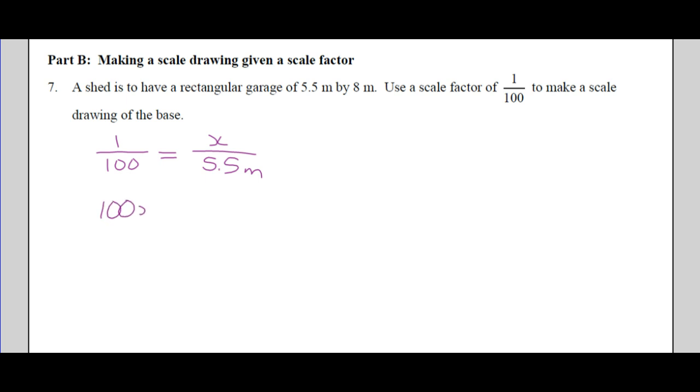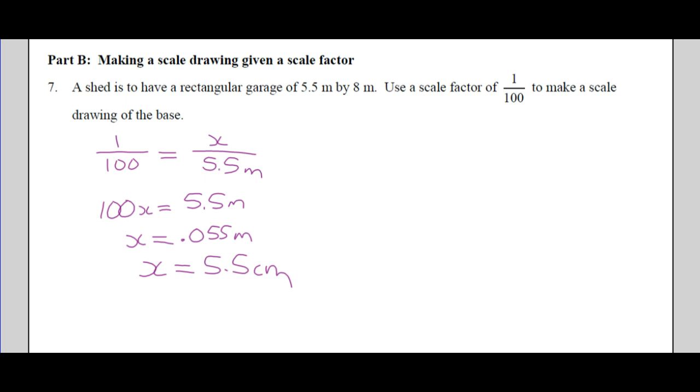So 100x is 5.5 meters. x will be 0.055 meters. Now you don't want to measure 0.055 meters on a piece of paper, so change it to centimeters. So you'll get 5.5 centimeters.